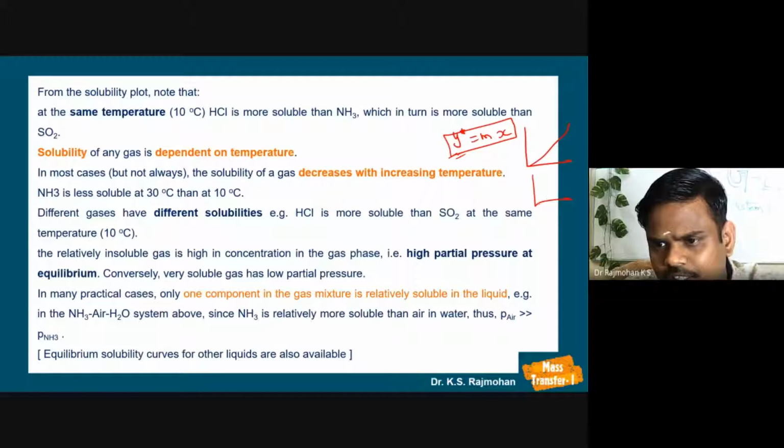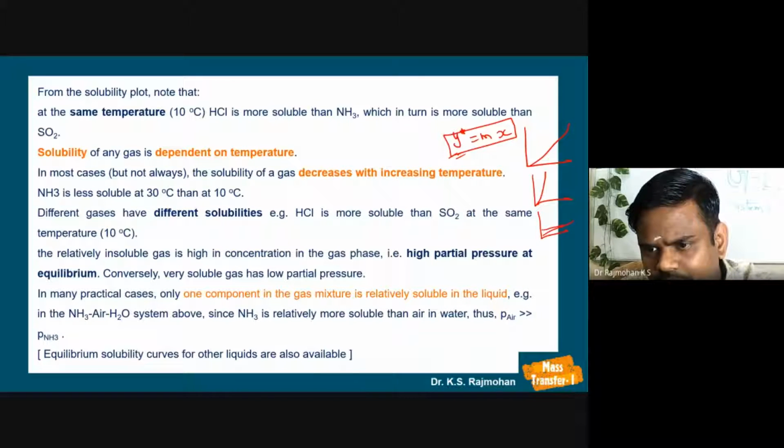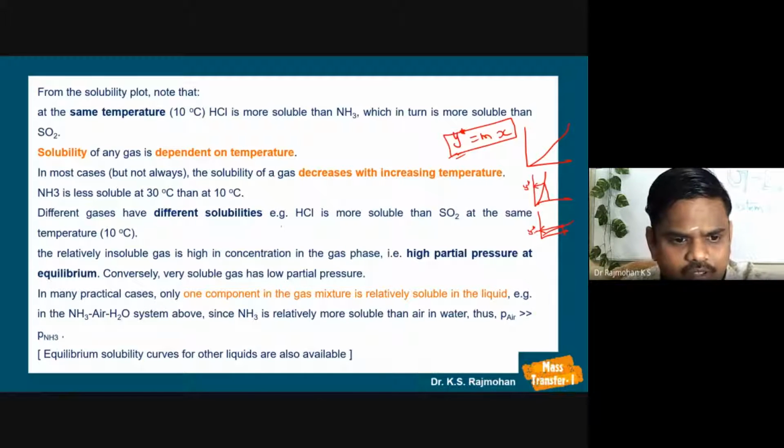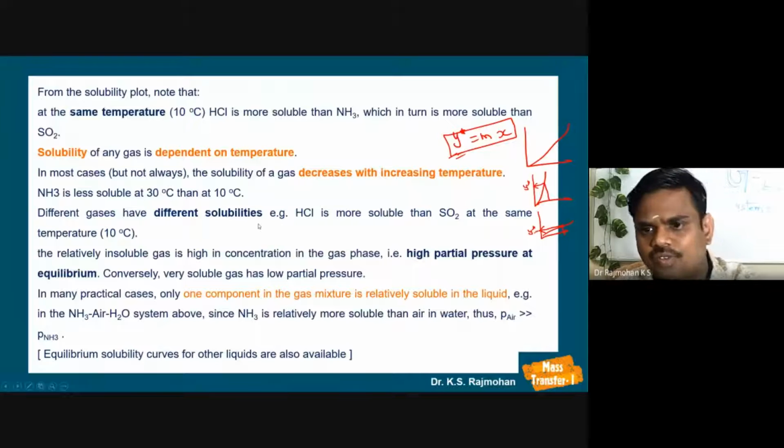There are two types of equilibrium relationship possible. If it is highly soluble, at equilibrium the corresponding y value is going to be less, whereas for a sparingly soluble one, the y star value will be high. That is what we observe here, and we should know it.